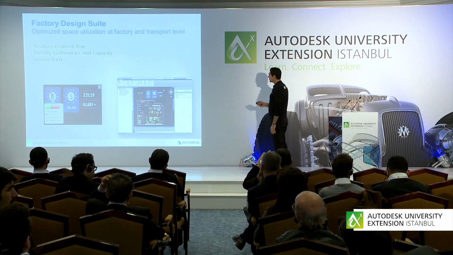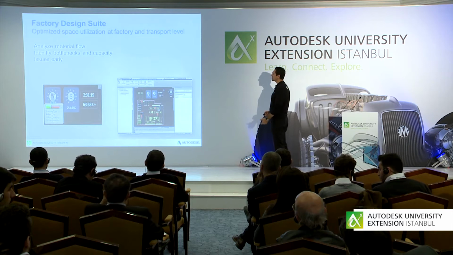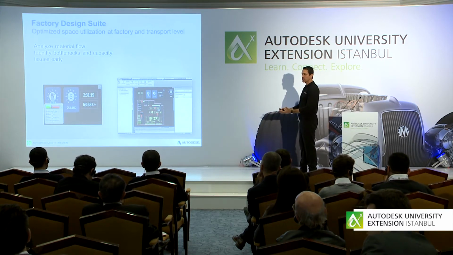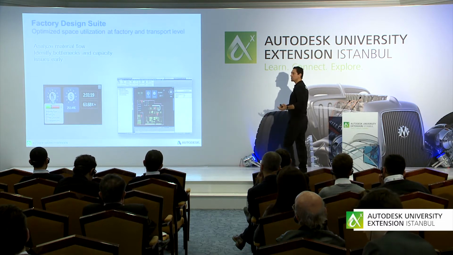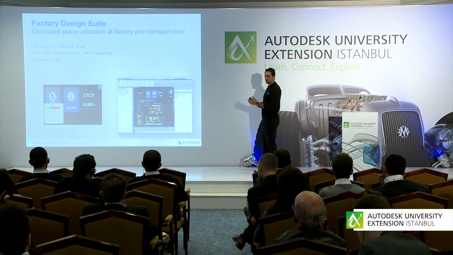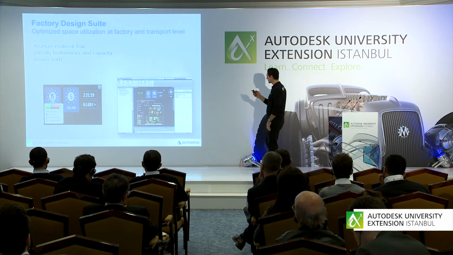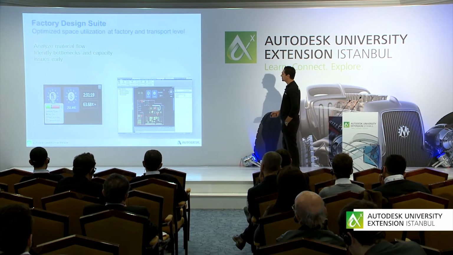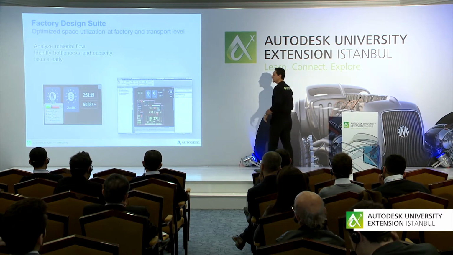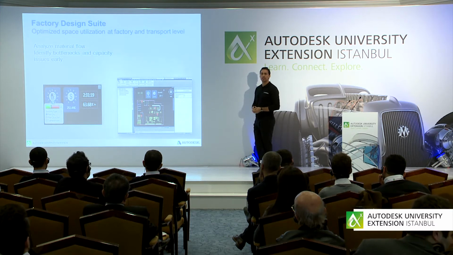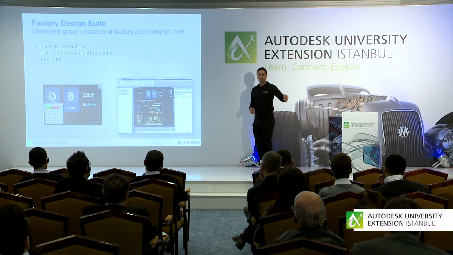From there, once you lay out a scenario, you can run the material flow analysis. You can understand how much material is going through the factory floor, how much material is needed, and so on, and whether there are any issues or bottlenecks to sort out in the environment that you're operating in. Not only that, you also get detailed information, for example if you're using forklifts, how much fuel it will cost to transport a product from start to finish.